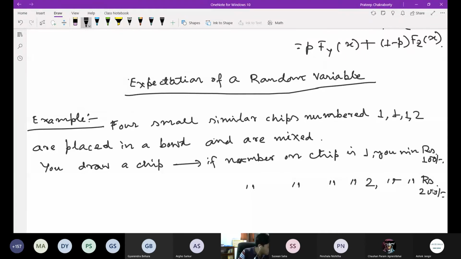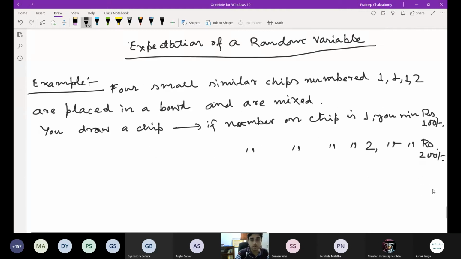The probability of drawing each chip is 1/4.